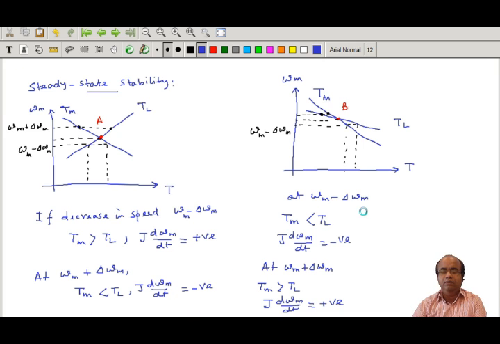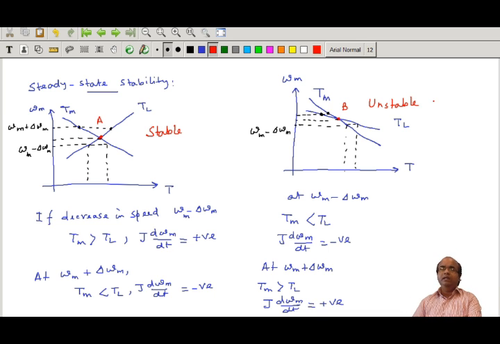Now in this first figure, for this kind of motor load arrangement, we can easily say this is the stable motor load operation and this point is unstable.